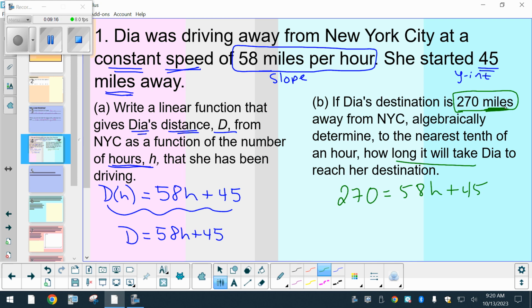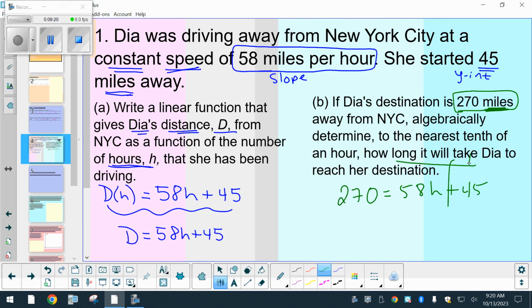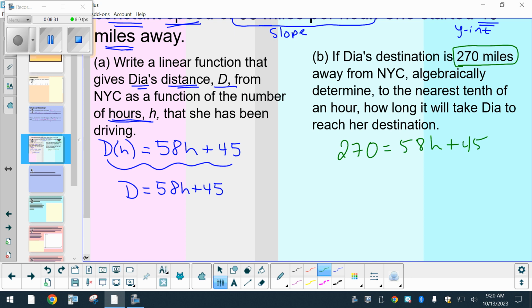Okay, so use your calculator. Solve that up. Oh, geez. It hasn't done that in a while. Yeah. Right, so we'll subtract the 45. I believe we get from there 225.